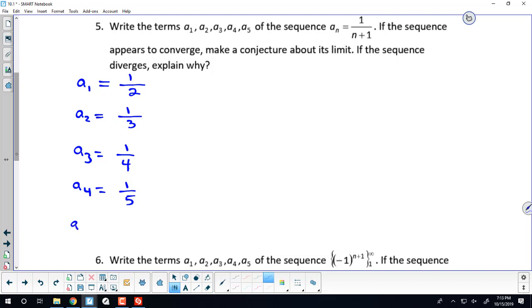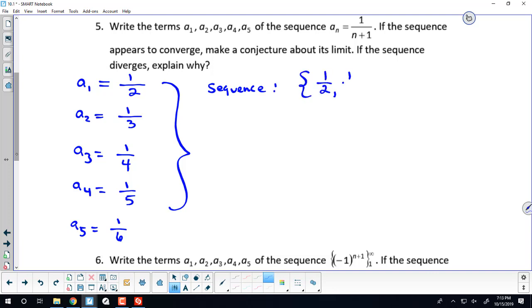And the fifth term, 1 over 6. So let's write it out here. The sequence is a half, a third, a fourth, a fifth, a sixth, and so forth.